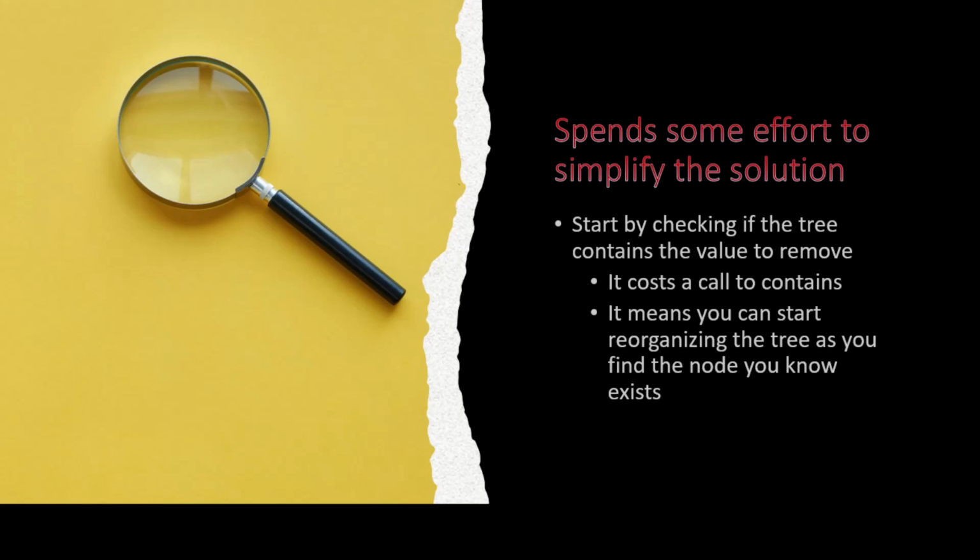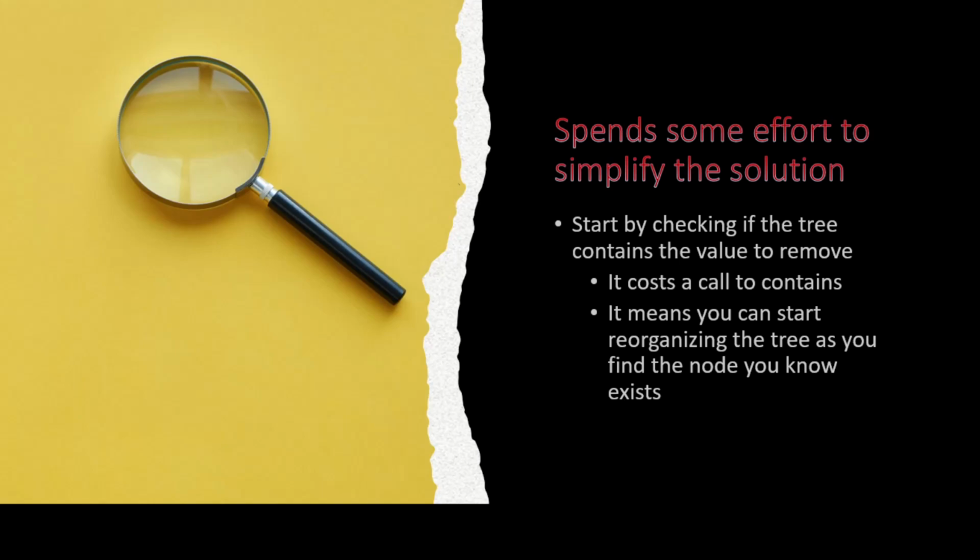But in this case, it actually does, because checking to see if it's in a tree is a log n order operation. And if we know that the value is in the tree, we can actually optimize the removal process by starting to clean up the tree as we go and search for the item in question, instead of having to do it entirely after the items are removed.